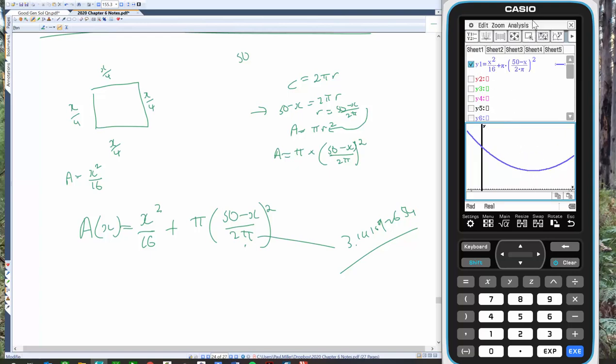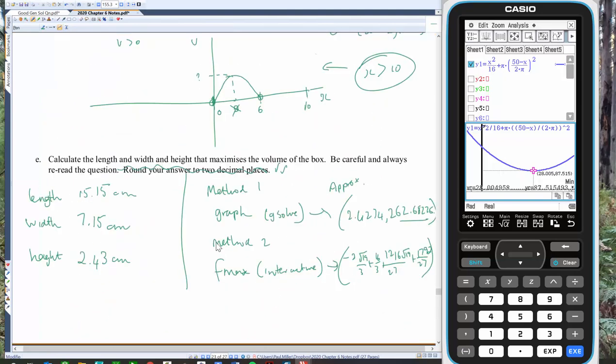Okay, so what we're going to do now is go analysis, G-Solve, and we're going to go min. Okay, here it is. So we're going to say here that when x is equal to 28.005..., A of x, the area, is 87.515... All right, now let's go back and see what the question was asking.